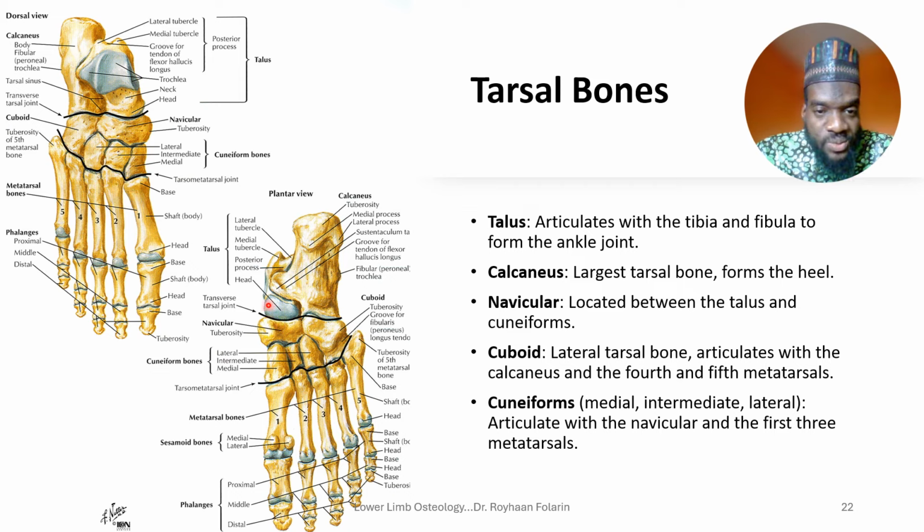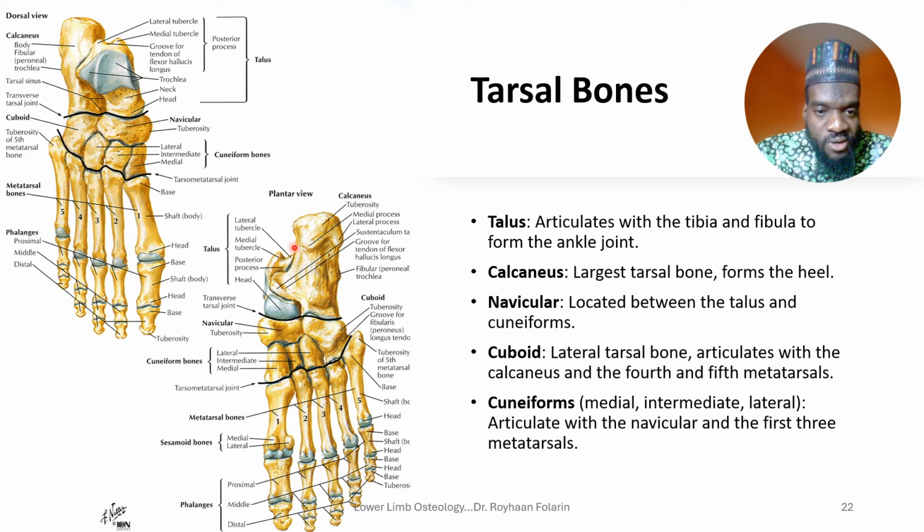So this part we have seen is the calcaneus, while this part here is the talus. So on the talus, we can see the lateral tubercle here, the medial tubercle. So that's the flexor hallucis longus that was coming from here.